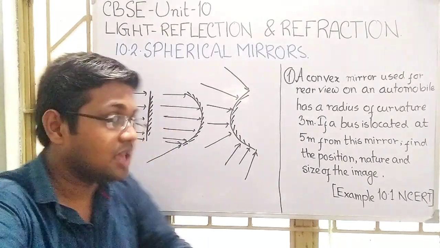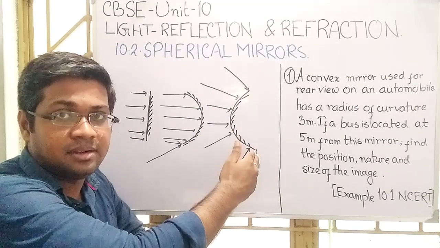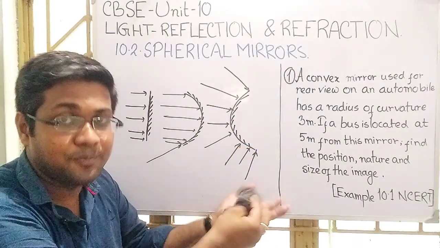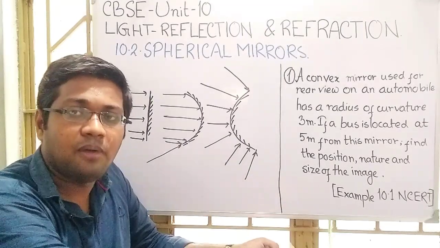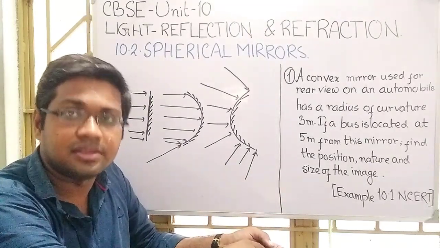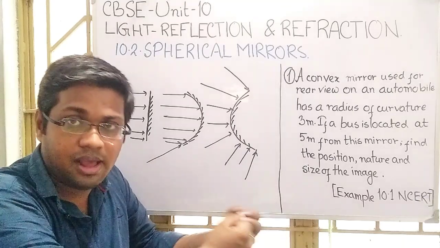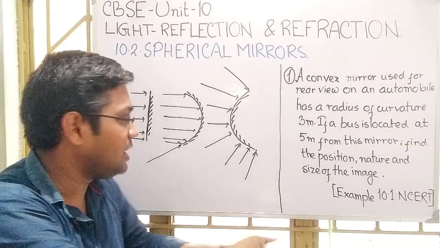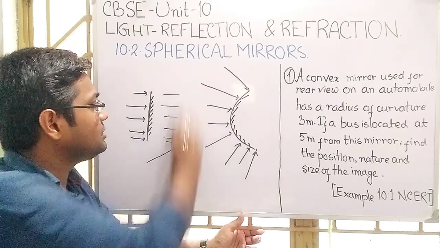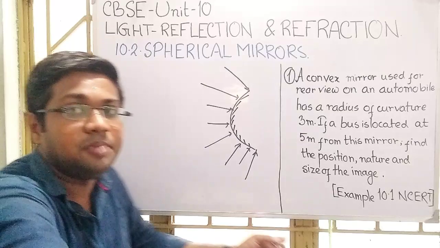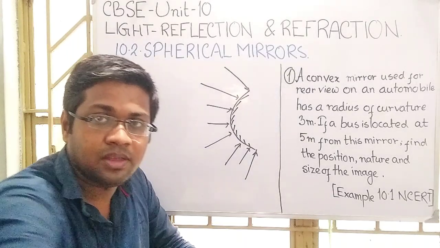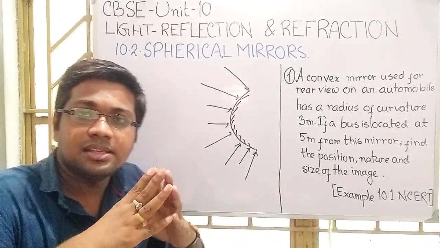Since I am taking the convex mirror as a rear view mirror, we get more information, more light, and in addition to that the intensity of the image will be enhanced, because we get more light. So the other two cannot be used as a rear view mirror. So this thing is taken as a rear view mirror.